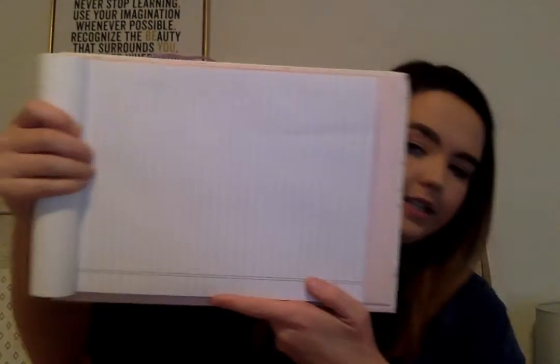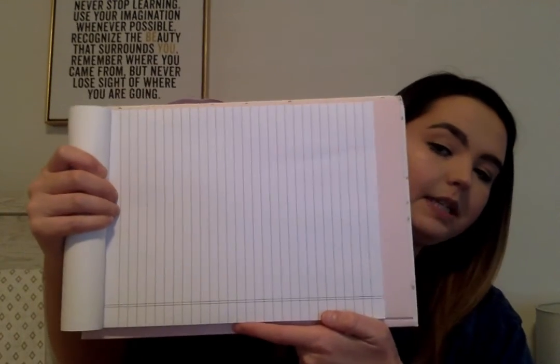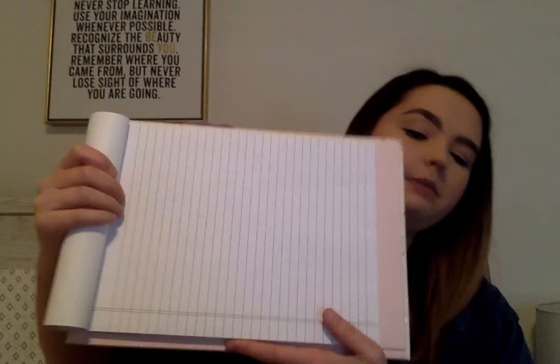Now what I want you to do is I want you to take a piece of paper and I want you to make sure that it is the shape of a rectangle. So it should look like this, a rectangle. It can be smaller or bigger than this, it just needs to be a rectangle. And I want you to partition it.